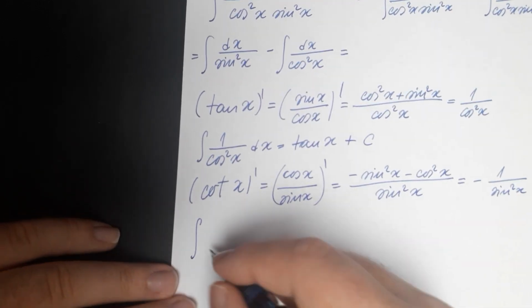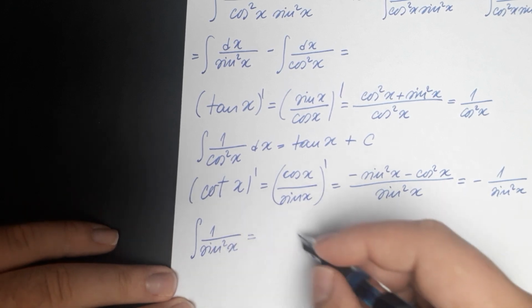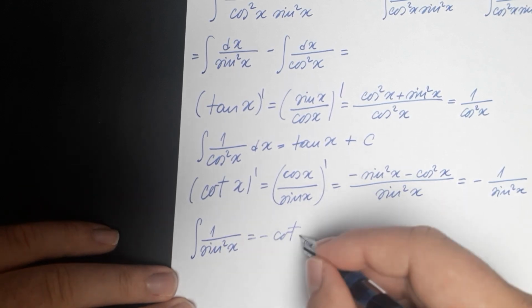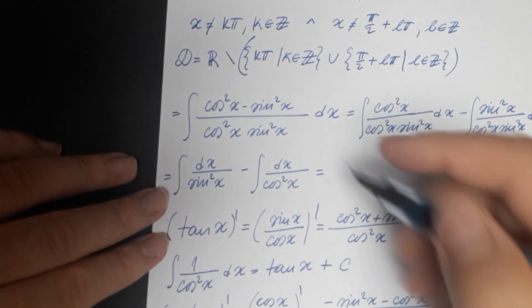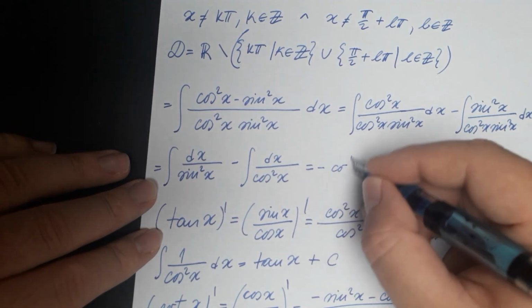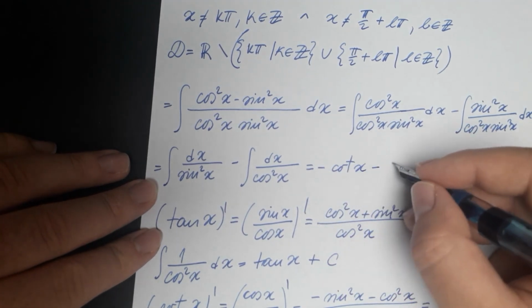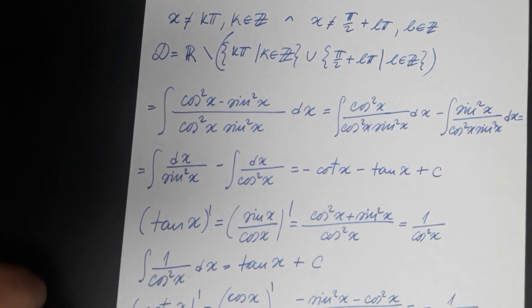And then the integral of 1 divided by sine squared of x is equal to negative cot of x plus c. So when we return this into our problem, it becomes minus cot of x minus tan of x plus an arbitrary constant c.